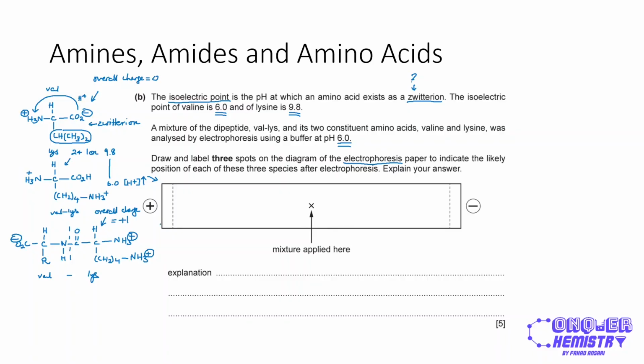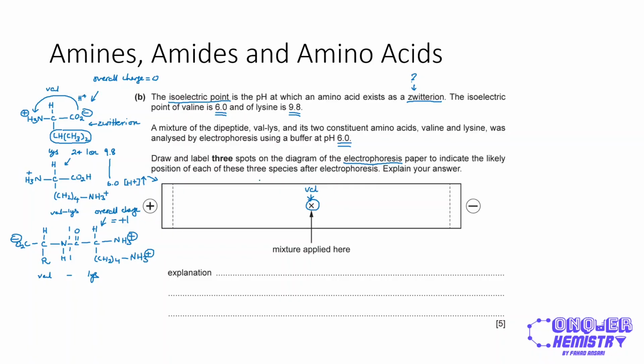All right, so now that we've decided the charges on these ions, we're going to place these spots on this electrophoresis paper. Now the mixture was applied in the middle. The Zwitter ion of valine will remain in the middle because it's equally attracted to both sides because of its positive as well as negative charge, and so it'll stay put. Now the competition is between lysine and val-lys.